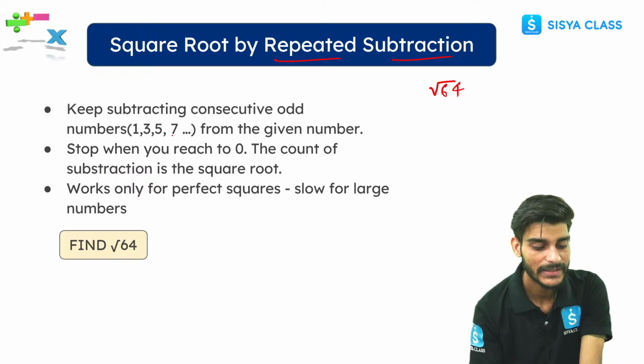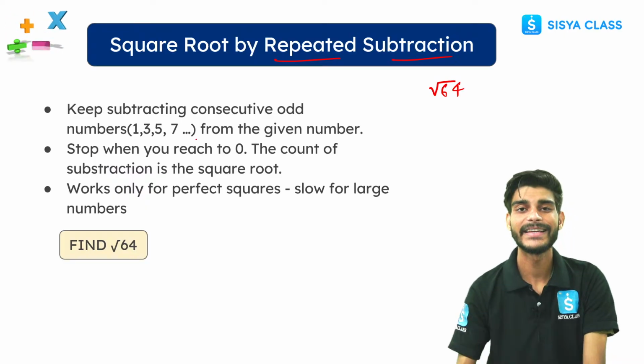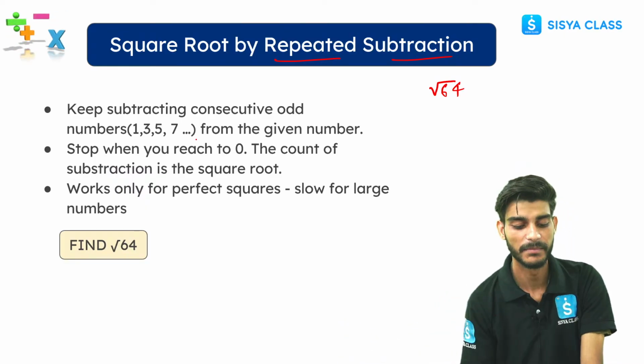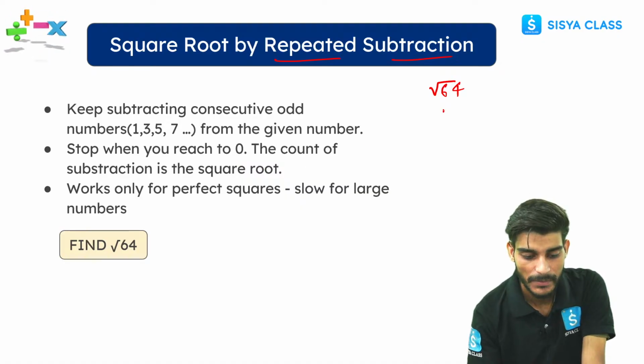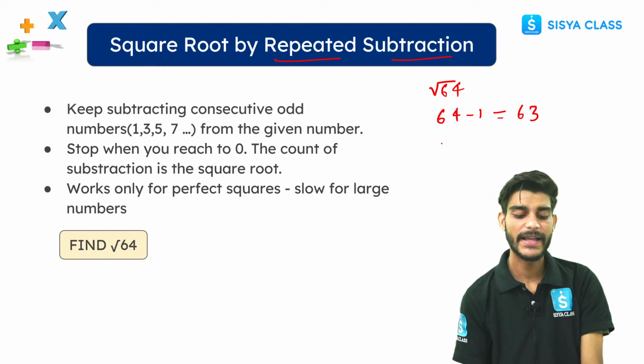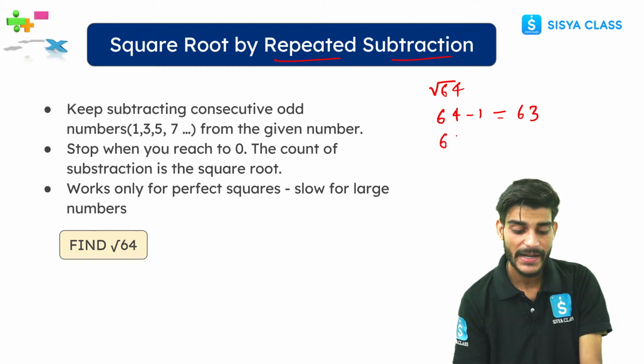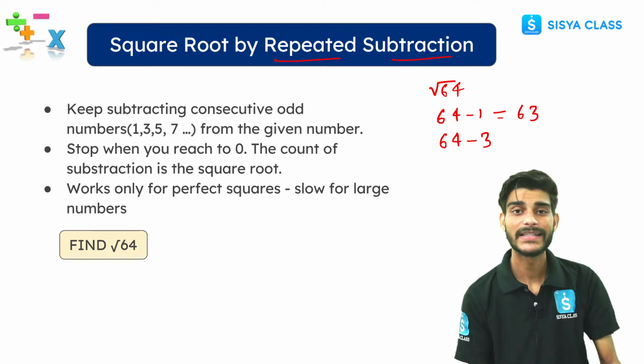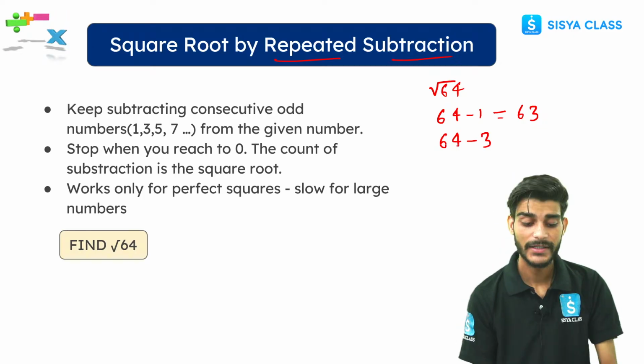Okay, so 1, 3, 5, 7: subtract these odd natural numbers from the number. First step, you have to subtract 1 from 64, that is 63. What is the next step? Next, you have to subtract 3, the next odd natural number. That is what we have done in square numbers, right?